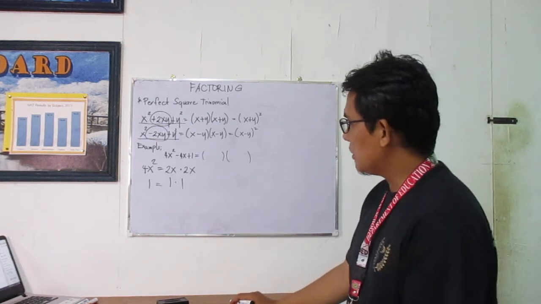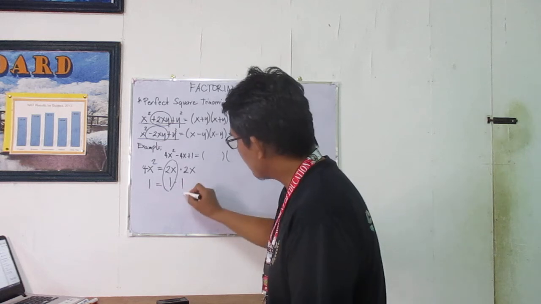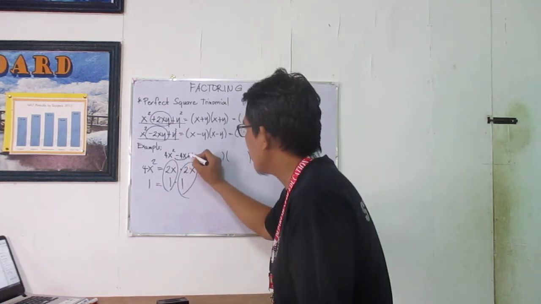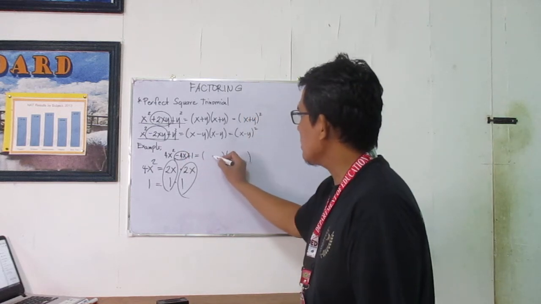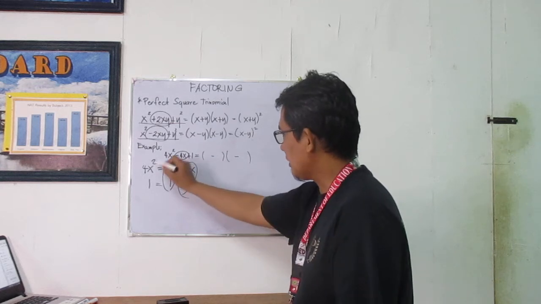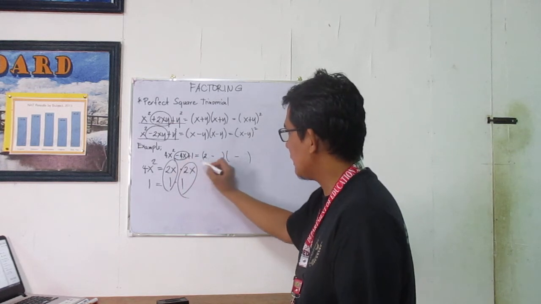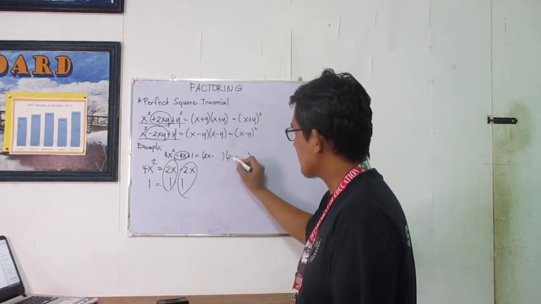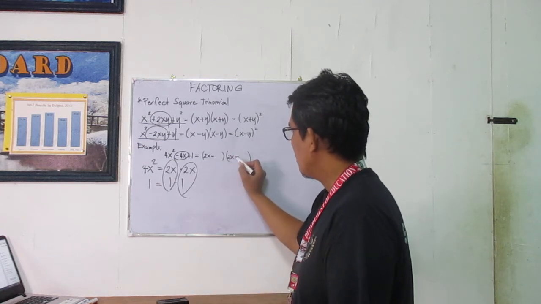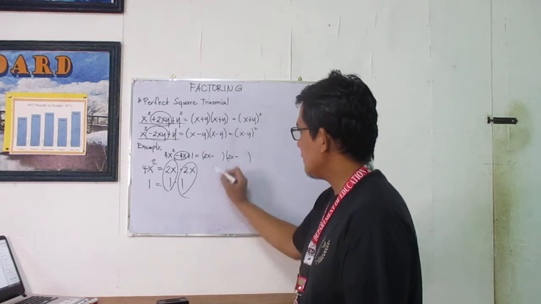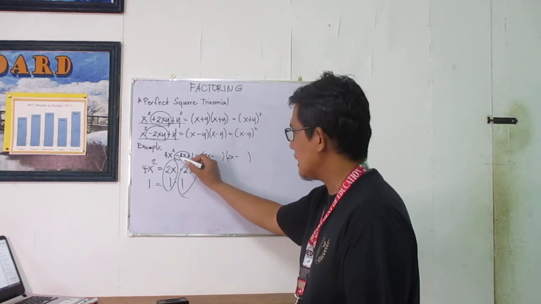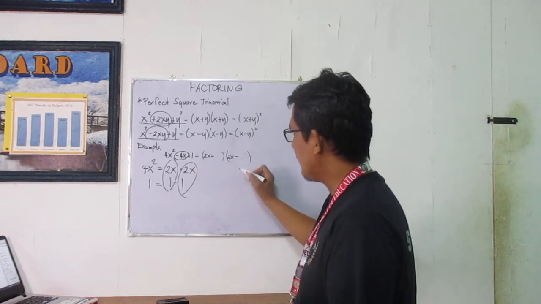So what we're going to do is just combine these two factors, and whatever the sign of our middle term will be the sign also of our two factors. Get the first factor of our 4x squared, that is 2x. Write 2x on both factors. Then since we already identified the sign, again, our sign is dependent on our given trinomial. Since that is negative, this is also negative.